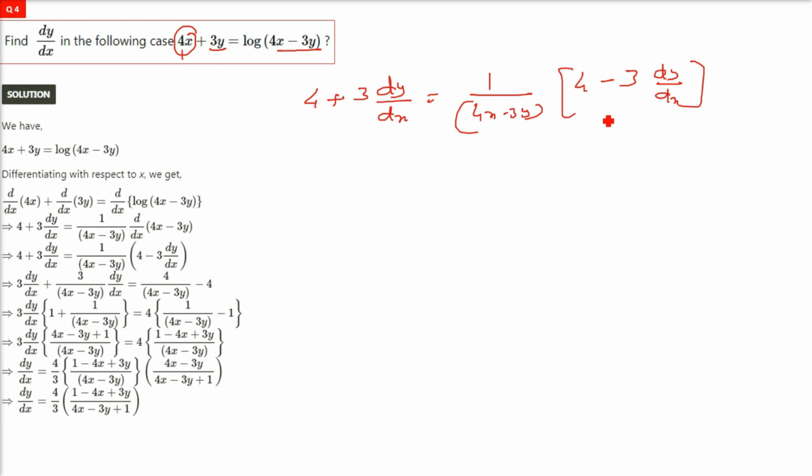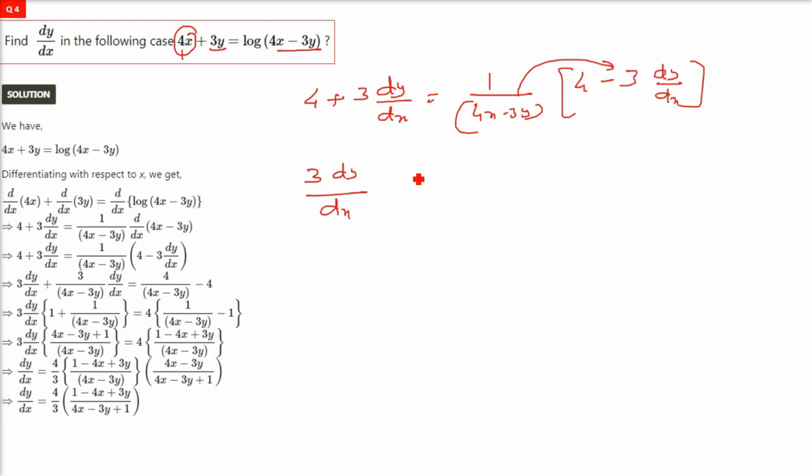Okay. Now, dy by dx on one side, others on other side. So let us see how we can achieve this. Now it is just algebra. Just multiplication, taking left and right hand side. That is the only thing you have to do. Basic thing we have already done. So 3 dy by dx on the left hand side. Now I am multiplying this and now bringing it on the left hand side.